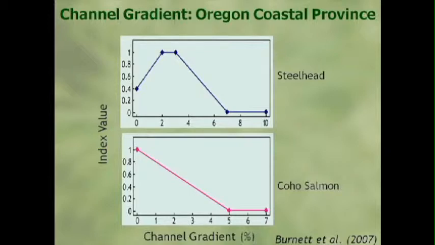So dropping back to that indexing process, the index value assigned here, using gradient as an example, ranges from 0 to 1. For steelhead, the maximum index value of gradient is assigned at gradients between 2 and 3%, with no use assumed at gradients in excess of 10%.